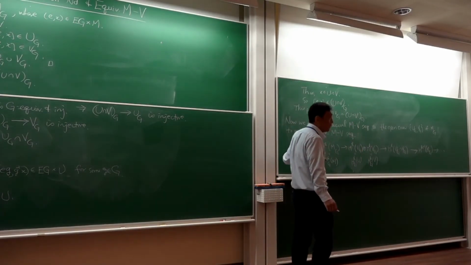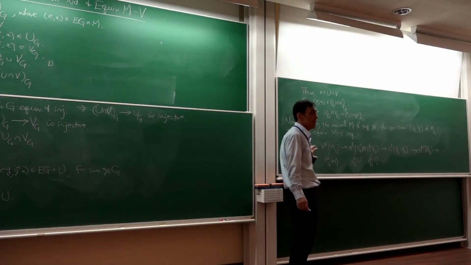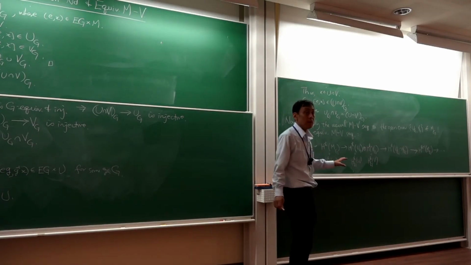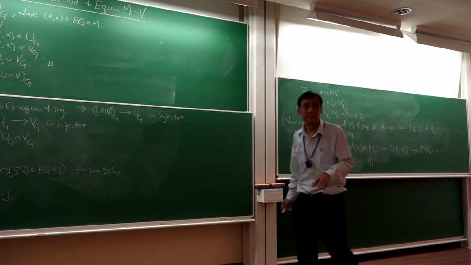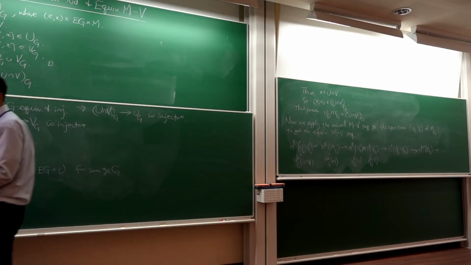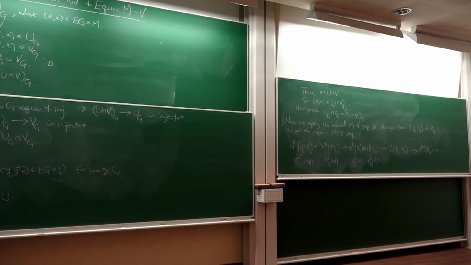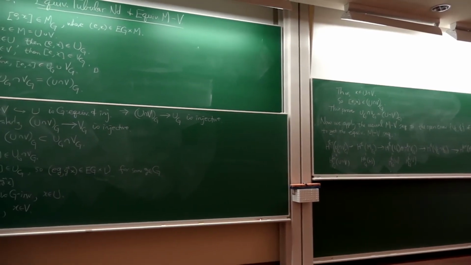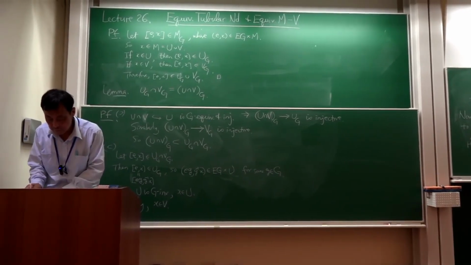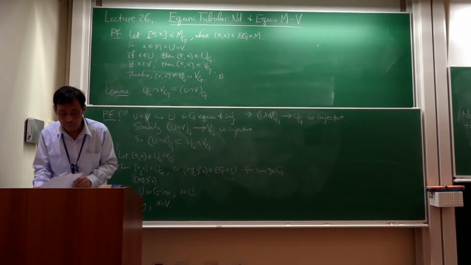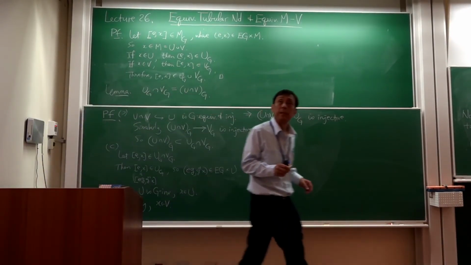And then we can also use the Mayer-Vietoris sequence to compute equivariant cohomology from the equivariant cohomology of open subsets. And so that's what I'm going to use in order to prove the Borel localization theorem.